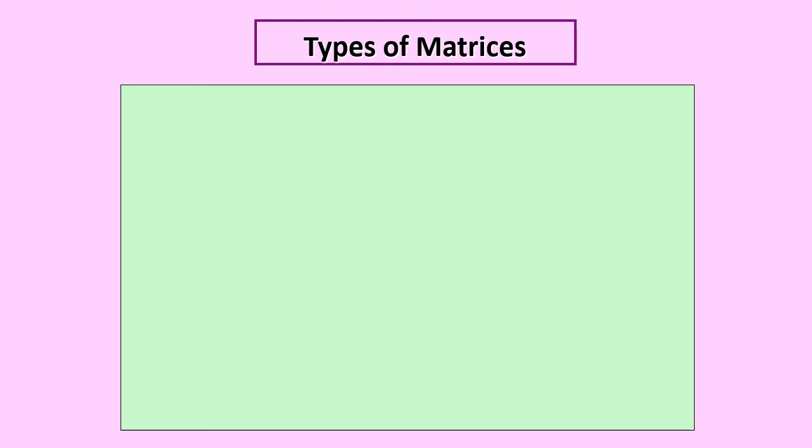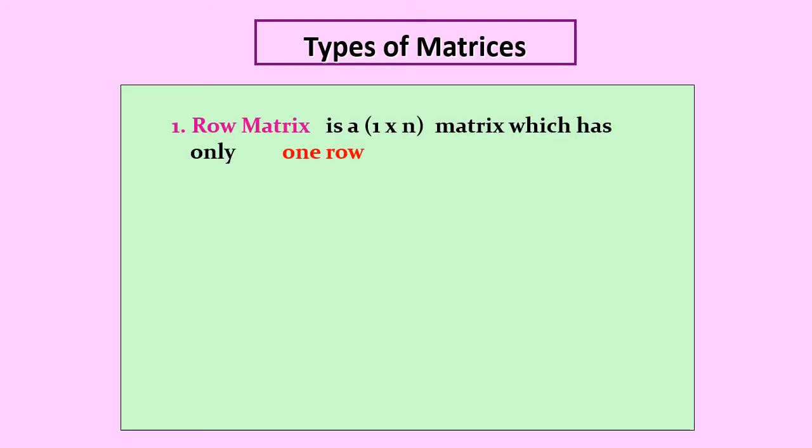There are several types of matrices. The first one is the row matrix. A row matrix is 1 by n. What is 1 by n? It means that the number of rows is equal to 1. So a matrix which has only one row.